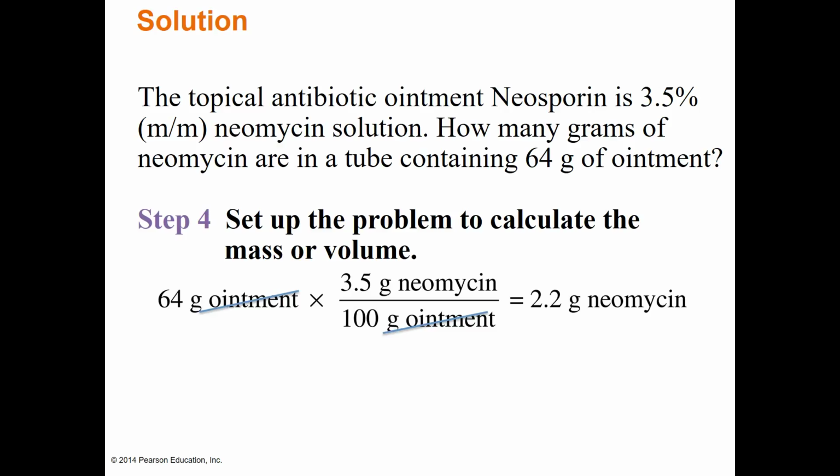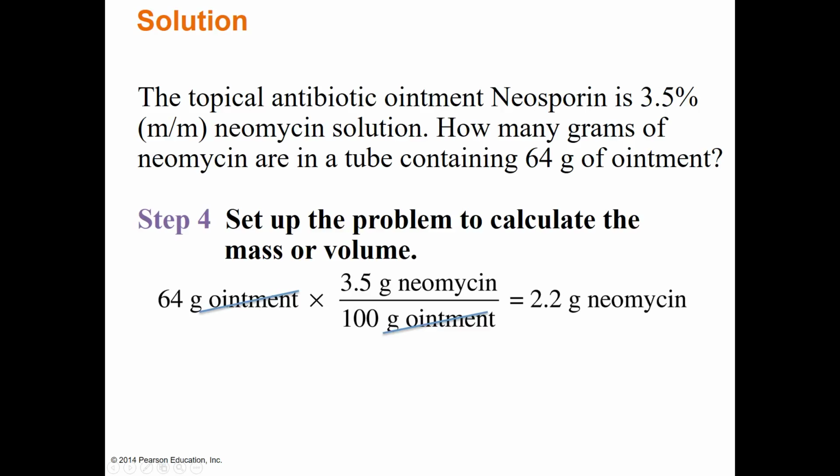So where did you get the 100 grams from? Based on the information that's given, the 3.5% neomycin solution, since it's 3.5% mass over mass, means it's the solute over the solution. The mass of the solute, that's the solute there, this is the solvent, this is the solution. Remember, this is a mass percent problem, where the mass of the solute goes at the top, and the mass of the solution goes at the bottom.